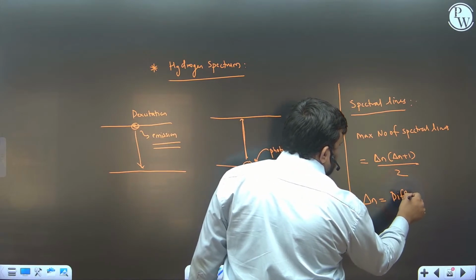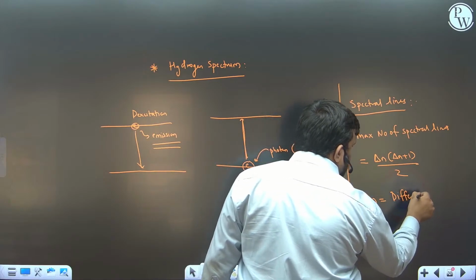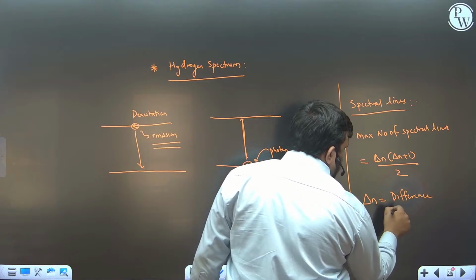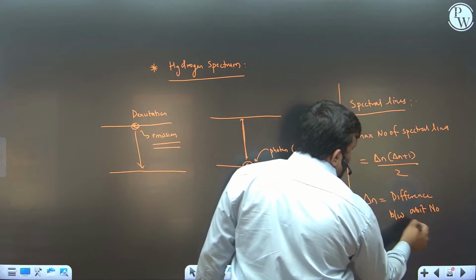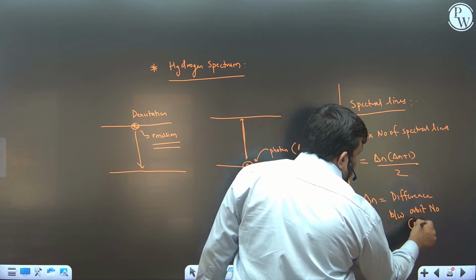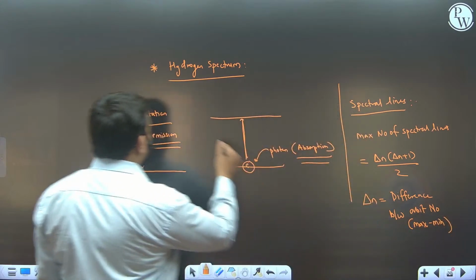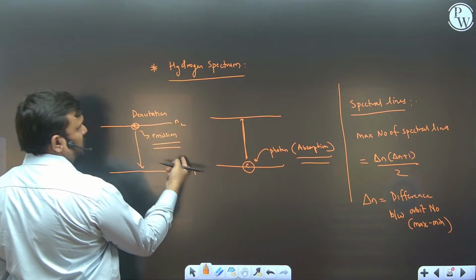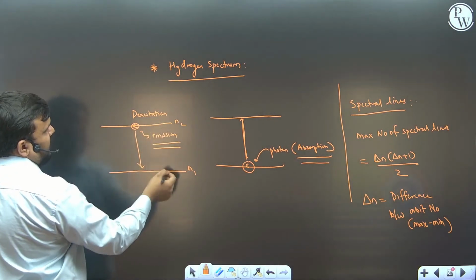difference between the orbit numbers, maximum and minimum. Suppose this is n2, this is n1. This is the orbit from where the electron got de-excited.